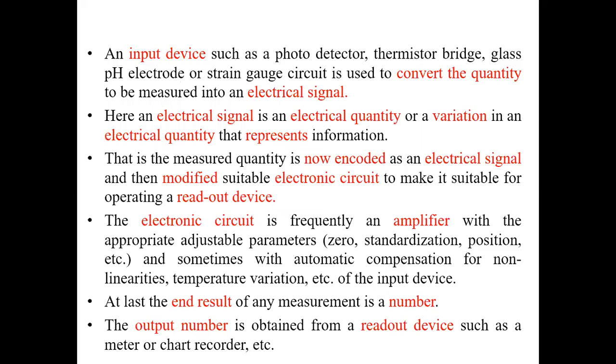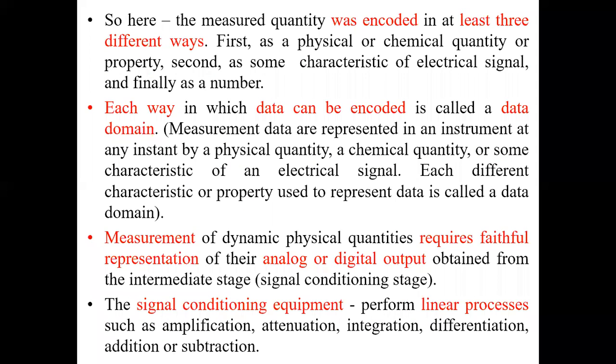Okay, so what happened in this measurement system? Here, one signal has been converted into different types. At least three changes have taken place. That is, the physical quantity has been encoded in three different forms.